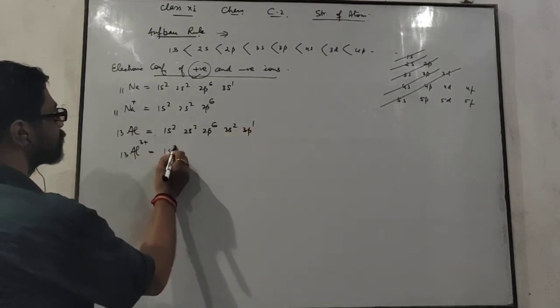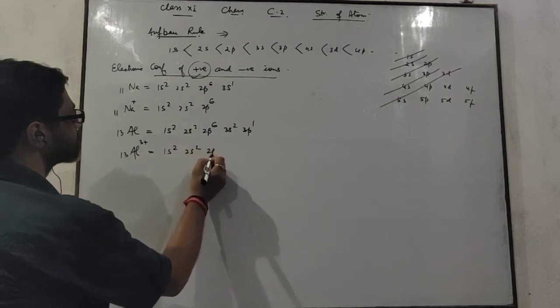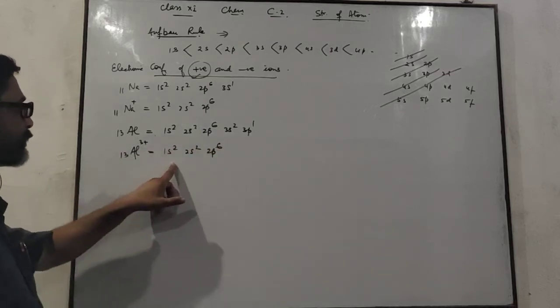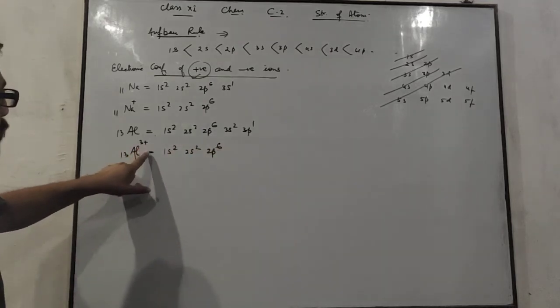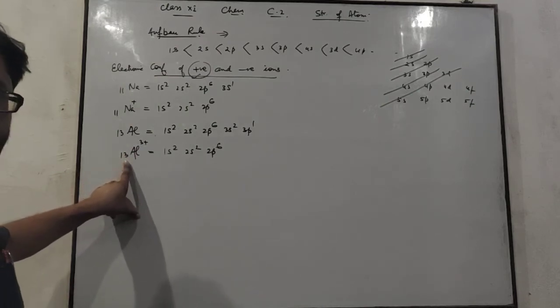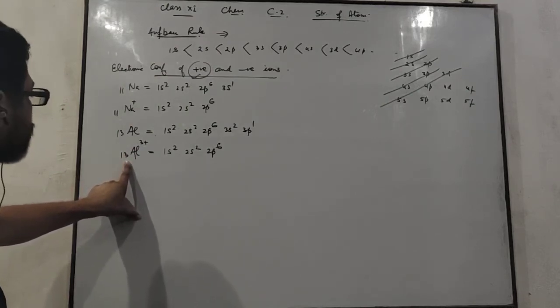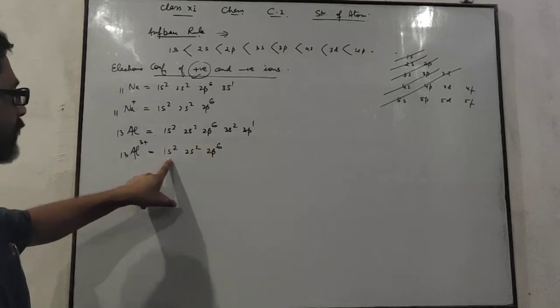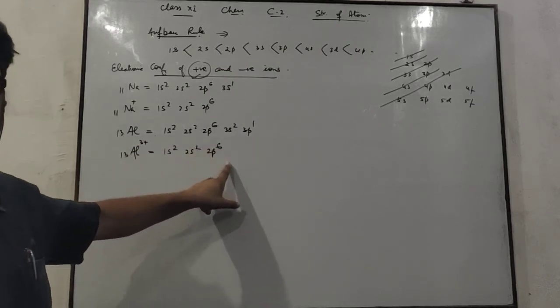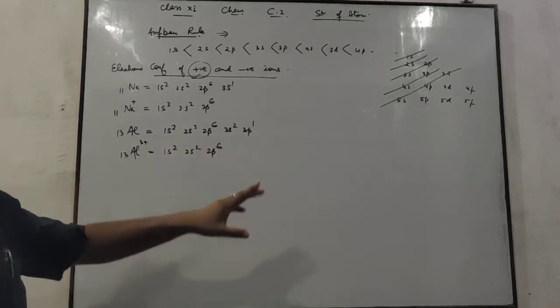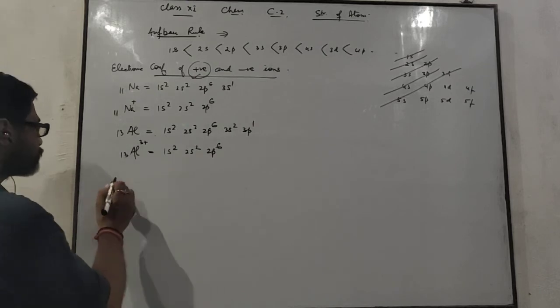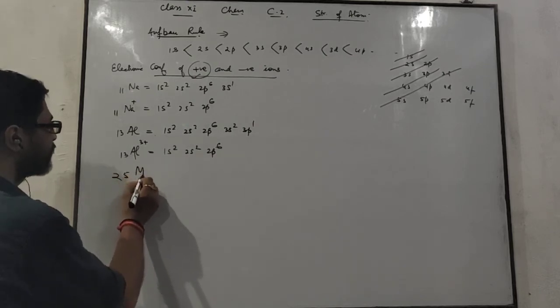Its electronic configuration becomes 1s2, 2s2, 2p6. After releasing 3 electrons, the electrons remaining are 10: 2 plus 2, 4 plus 6, 10.